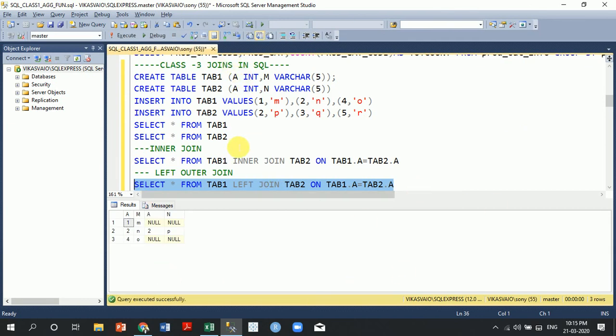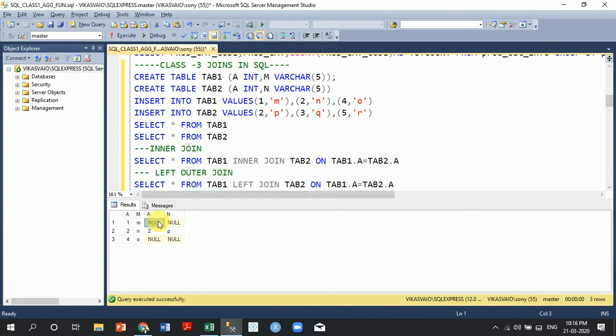As you can see, my table 1 has 3 rows, in which the values are 1m, 2n and 4o. All the records from table 1 are given here, but only the common record from table 2 has been taken, and the rest of the fields are left null because the matching condition couldn't be satisfied.